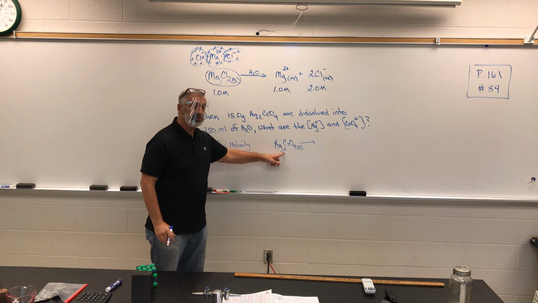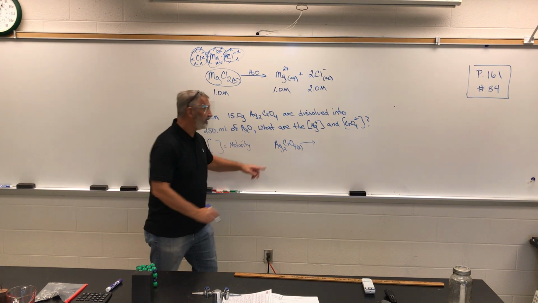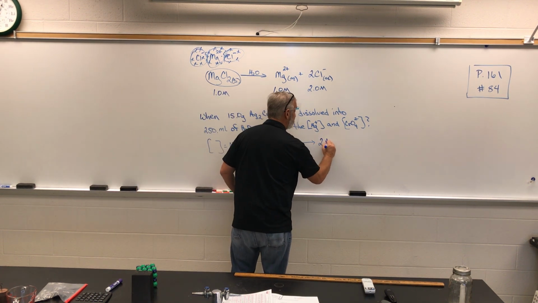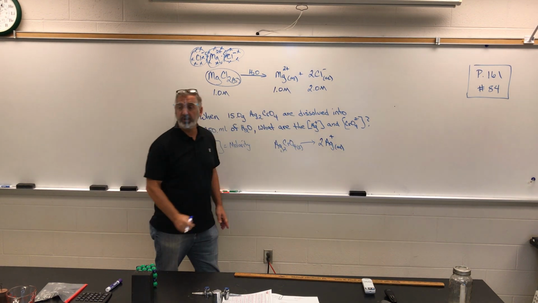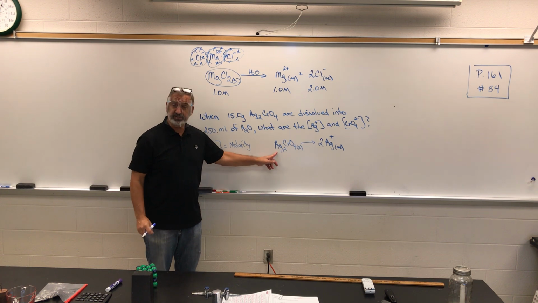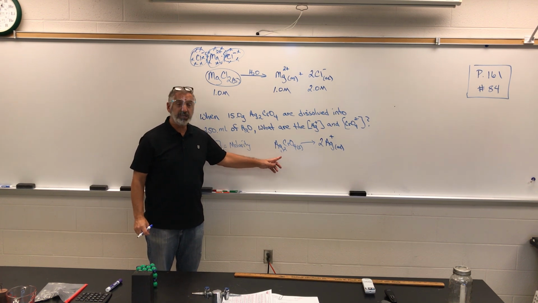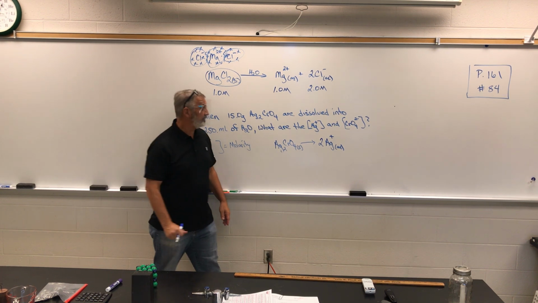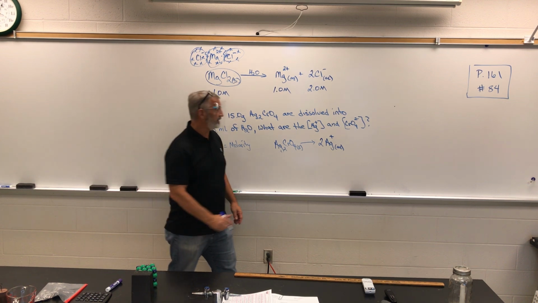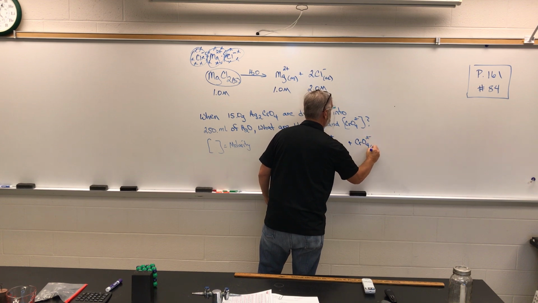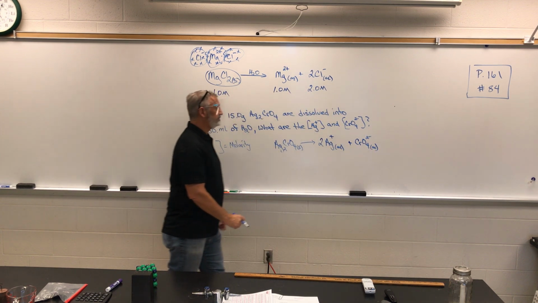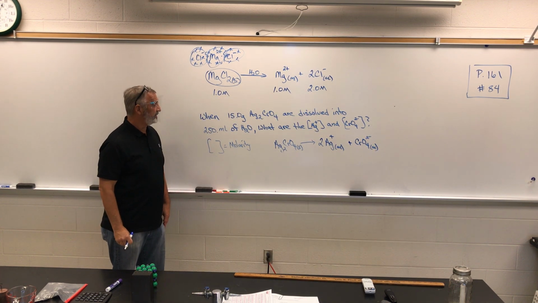Is it going to be a subscript 2 or coefficient 2? Coefficient 2, because the two positive things are not going to bond together. They're each going to get surrounded by water. You're just going to get two separate ones, so it's going to break up into two Ag+. And what's the other ion? How many of those are we going to get? Just one. Okay? So now what?